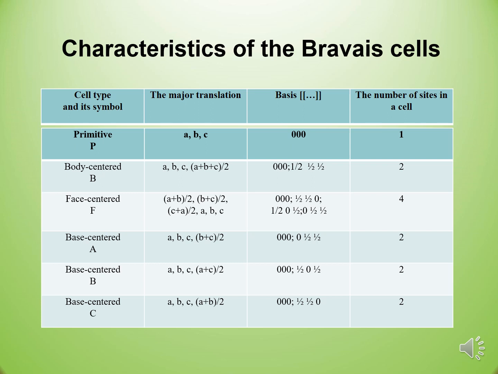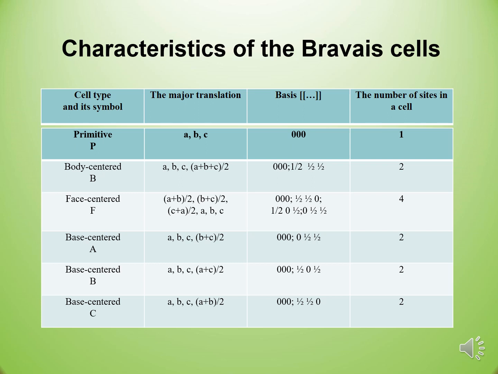Number one, whether it is possible to build on these translations a cell that meets the rules of the Bravais cell selection. Number two, whether all the particles in the structure can be obtained using a set of translations. And a system of coordinates of the sites belonging to a unit cell is called a basis. Here you can see this.